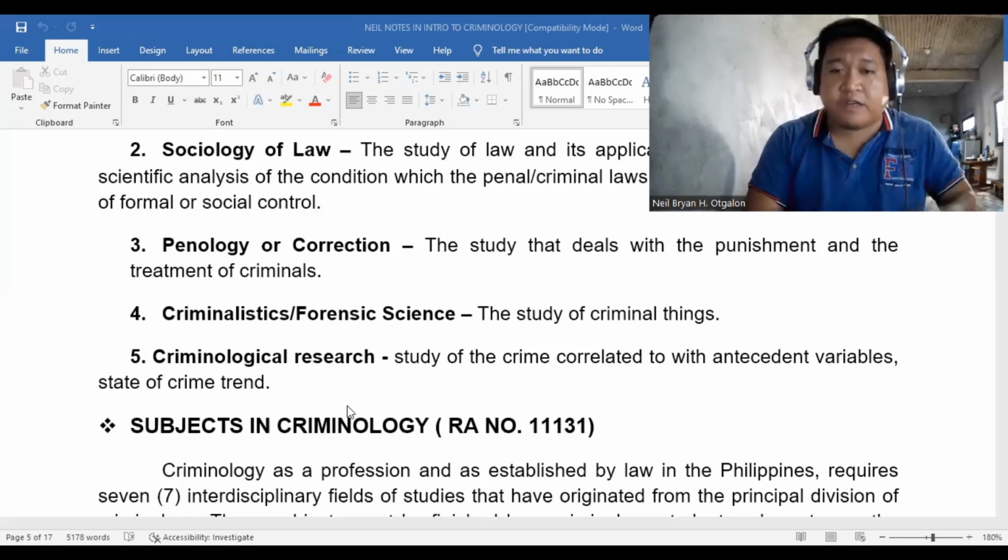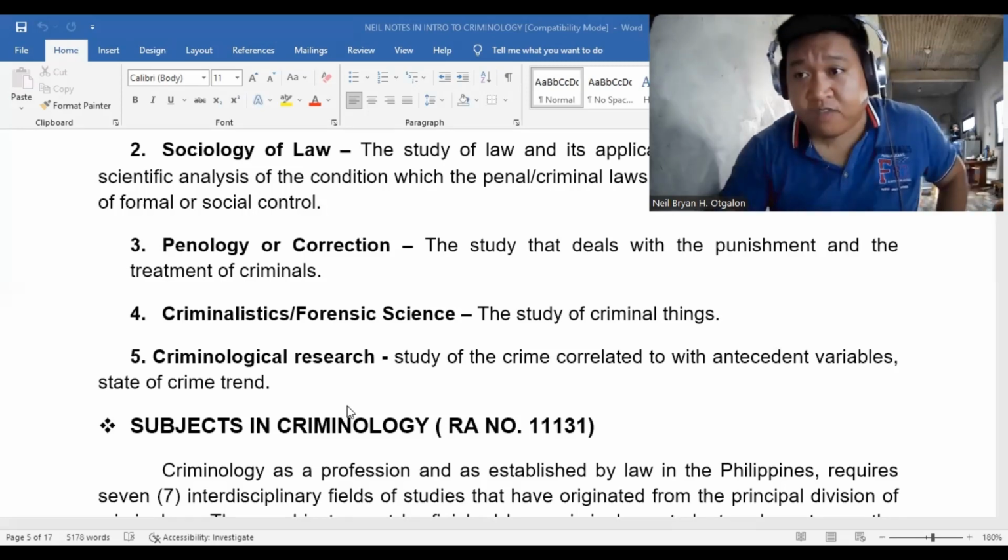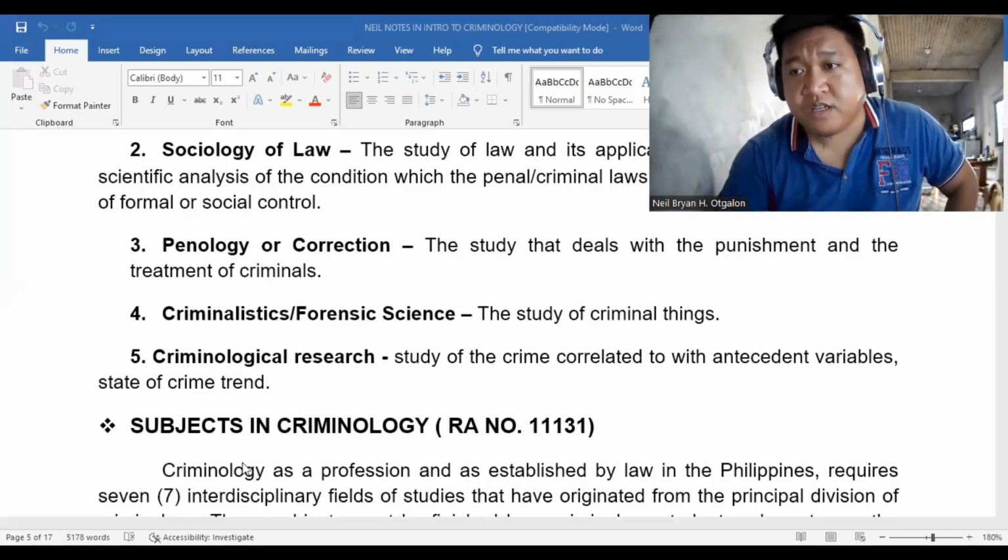So research is very important. Kaya meron kayong thesis 1, thesis 2 in your course criminology.